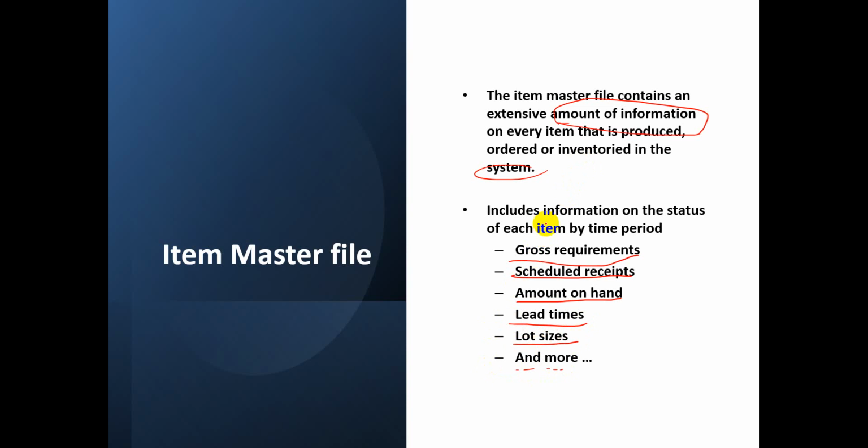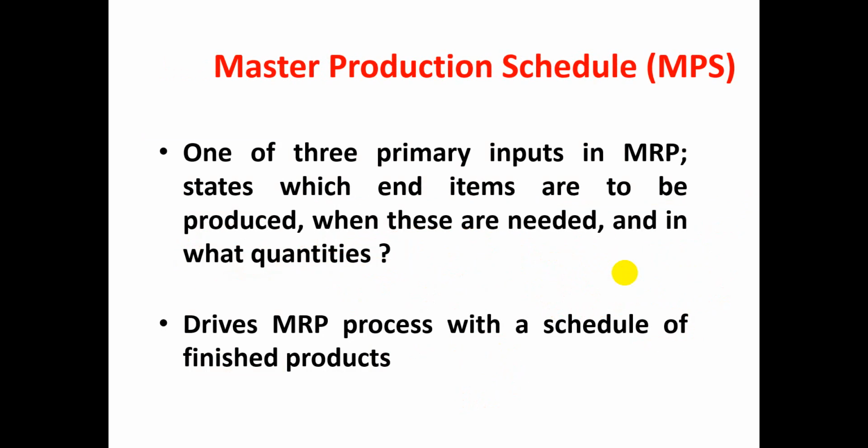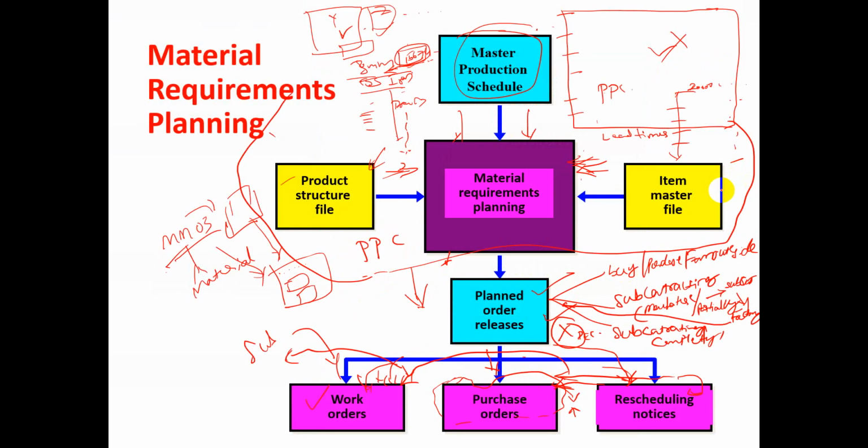Quickly we'll see about this item master file. This is one of the important third inputs for MRP.